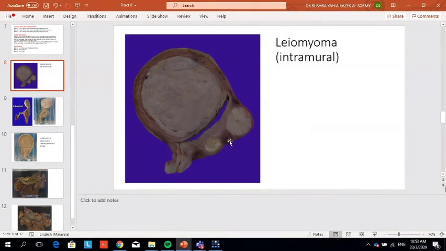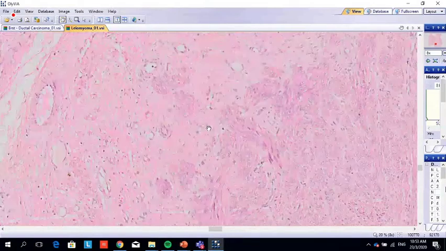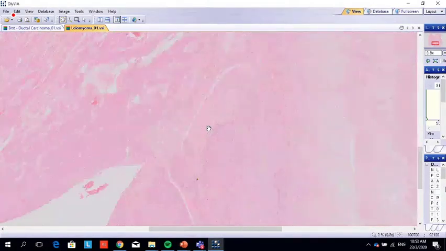Leiomyoma: 1, 2, 3, more than one, we call leiomyomata. If I give you the question and there are many leiomyoma, you say leiomyomata. But if I give this one, you don't know whether it is 1 or 2 or 3, isn't it? So leiomyoma.